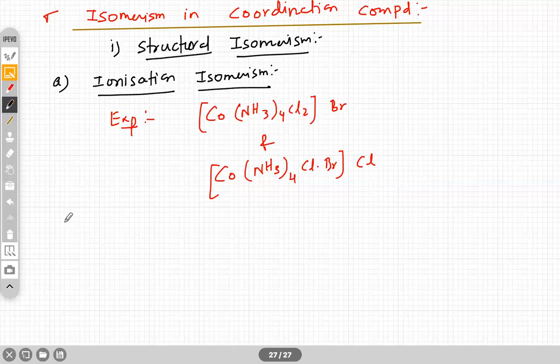Okay. Second type is hydrate isomerism. Obviously, this phenomenon is isomerism. Hydrate, or we also call it solvent isomerism.